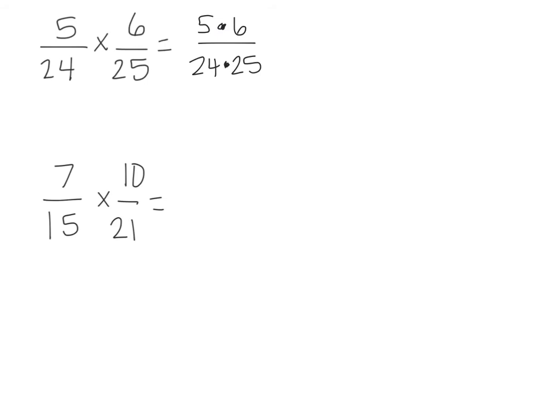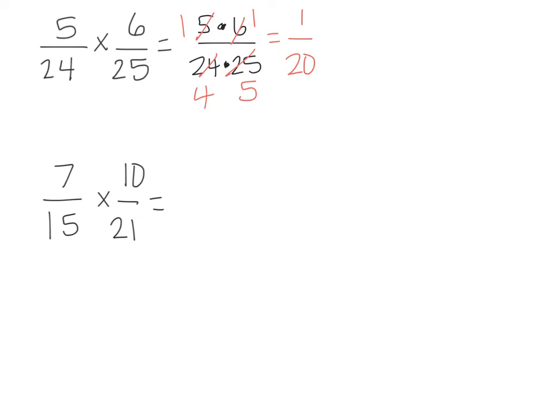So 6 and 24 have something in common. I know that 6 can go into itself once, can go into 24 4 times. I also know that 5 and 25 have a pretty good relationship. 5 can go into itself once, goes into 25 5 times. Then we multiply just like normal. 1/20.